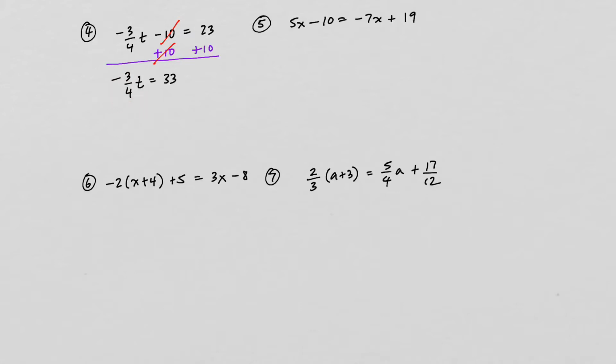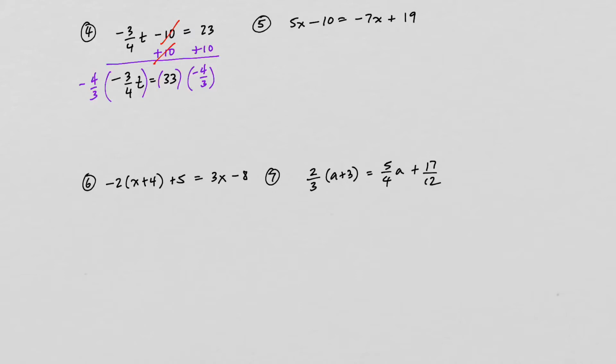Dividing by a fraction can be problematic, especially when doing these without a calculator. So what we want to do here is multiply both sides by the reciprocal of negative 3/4. And the reciprocal of negative 3/4 is negative 4/3.